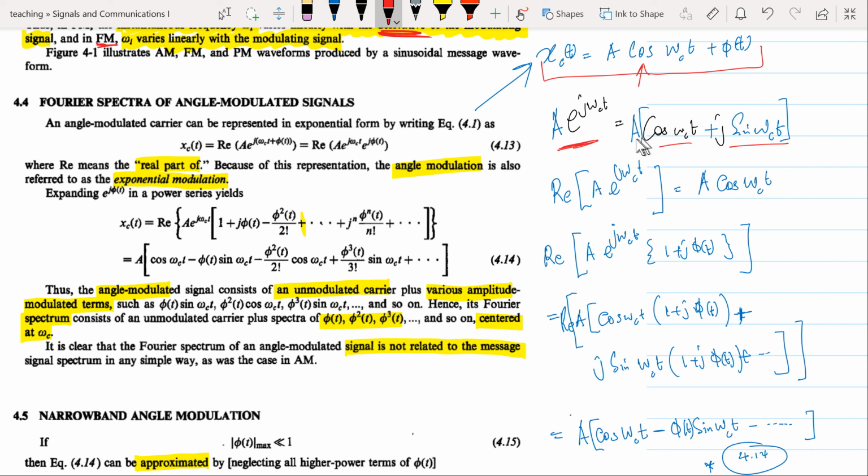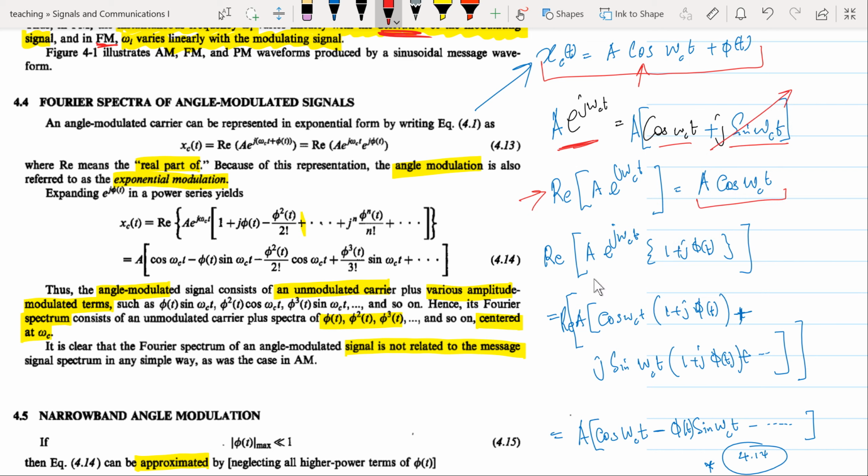And therefore, if we take the real part of this, which I have done in the second step, I simply leave out the imaginary part, and I pick the real part, which is A cos omega c t.